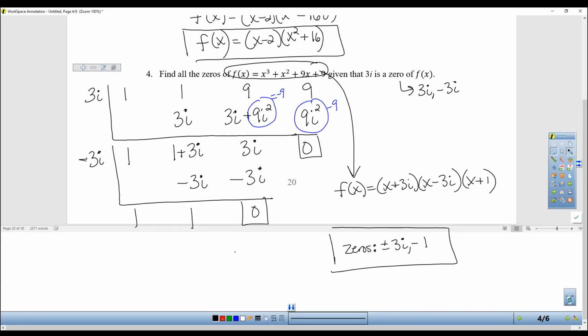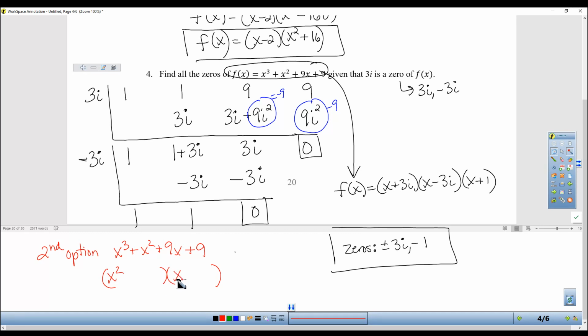I will show you really quick a second option. If you're really good at factoring, you might have actually looked at this, x cubed plus x squared plus 9x plus 9, and thought to yourself, oh, she said 4 terms was easy to factor. So the x cubed has to be x squared and x.